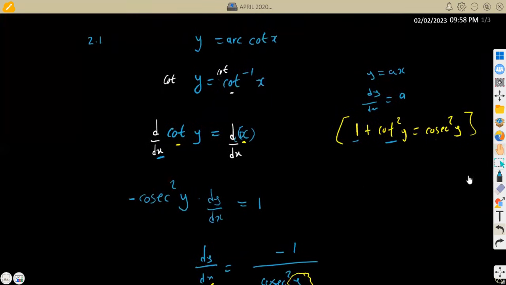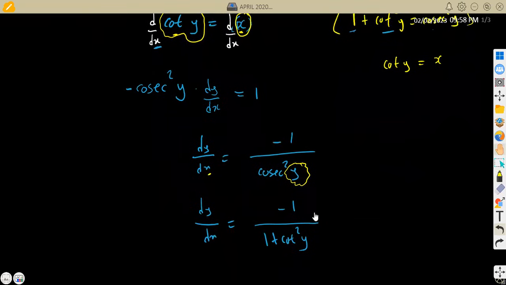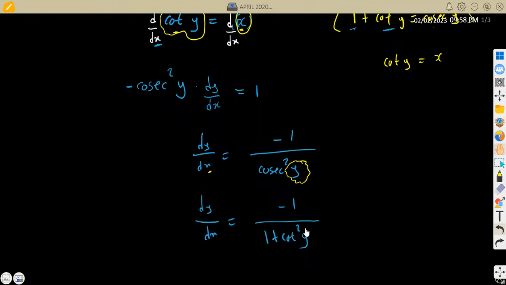We have this previously, when before we had to find the derivative, this was cot y equal to x. But on this part, we must have cot squared. So what is going to happen for us to have cot squared?